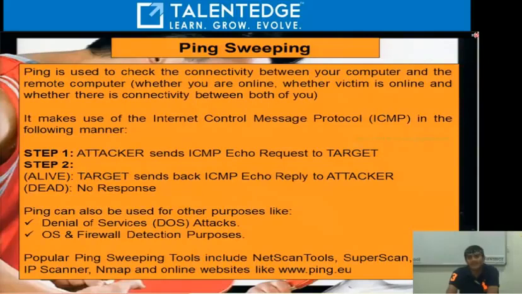One scenario is that the target computer is online and there is proper connectivity between you and the target computer, and as a result, in step 2, the target computer will send an ICMP echo reply back to you. So if you receive that reply, it means that the remote computer is online, you're online, and there is connectivity between the two. So there is no firewall blocking your request or anything like that.